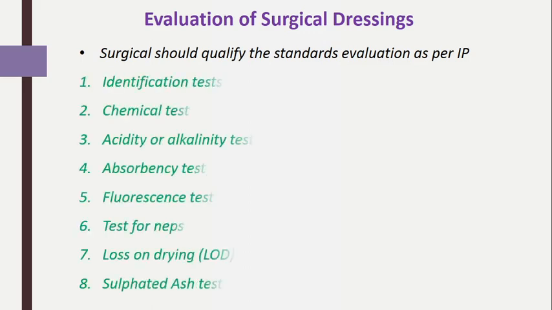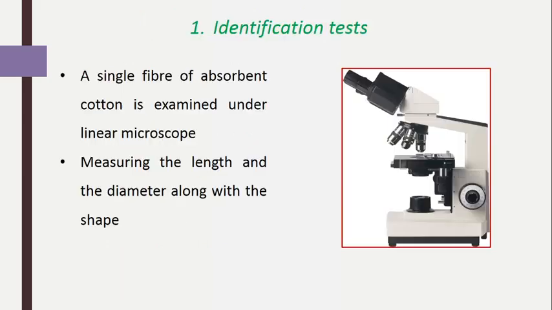Under this we will see the various evaluation tests: identification test, chemical test, acidity and alkalinity test, absorbency test, fluorescence test, test for NAPS, LOD, that is loss on drying, and the sulfated ash test. Let's see in detail one by one.